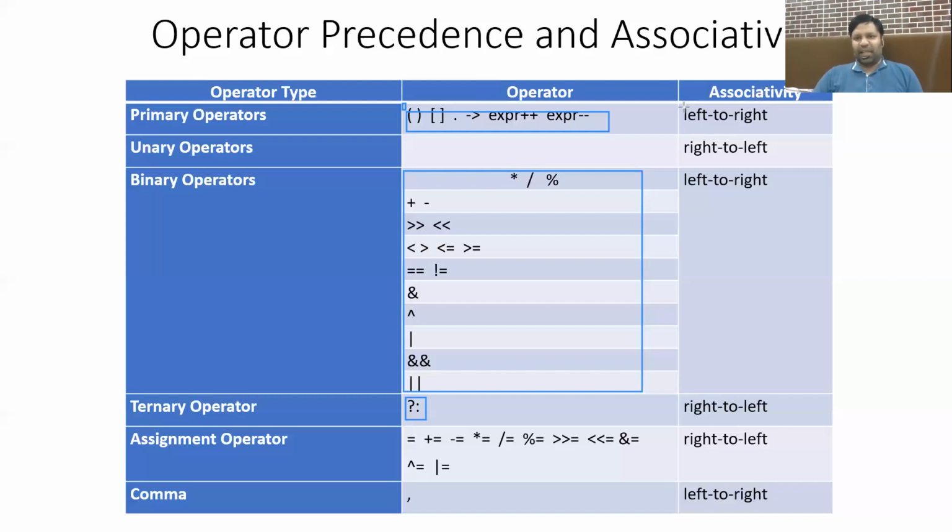As you can see, the associativity of the first category of operators is left to right. So that means if you have used two of the operators in this list in the same expression, then you will evaluate the one on the left hand side first. Right to left means you will evaluate those operators which come on the right hand side first. So I hope you are able to understand what operator precedence and associativity are.